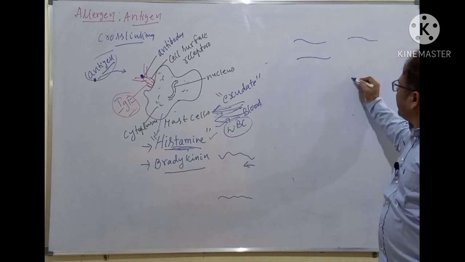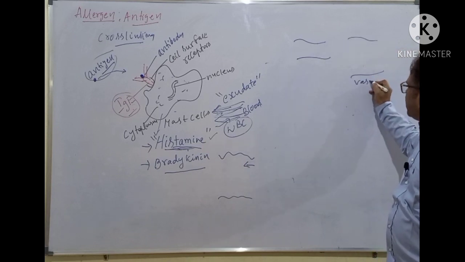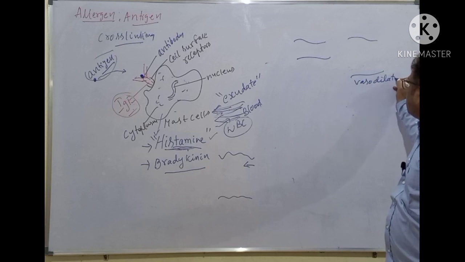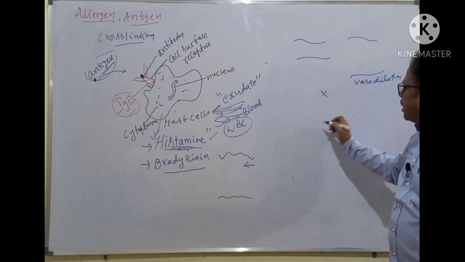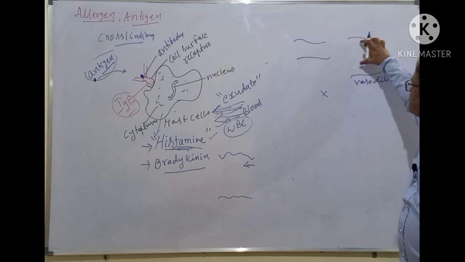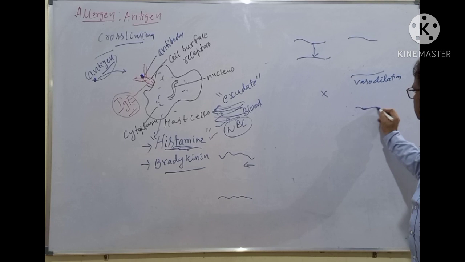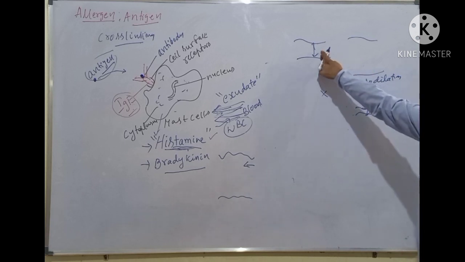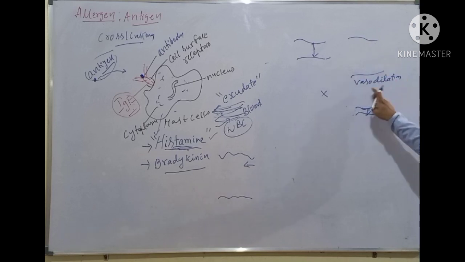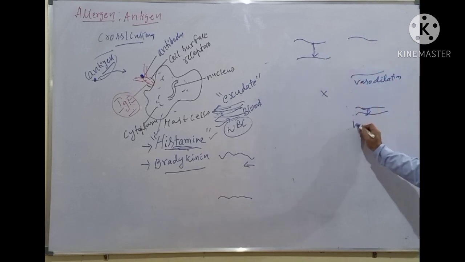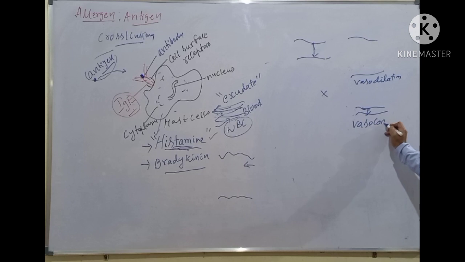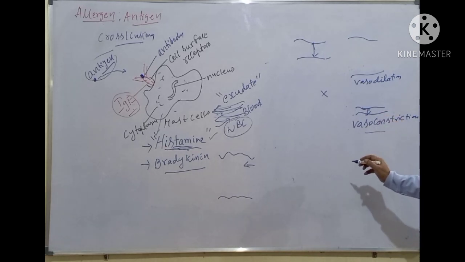If it is expanded, that is called vasodilation. The opposite of this: this is a normal blood vessel, and instead it becomes constricted, narrower, like this. That's called vasoconstriction. The opposite of vasodilation is vasoconstriction.